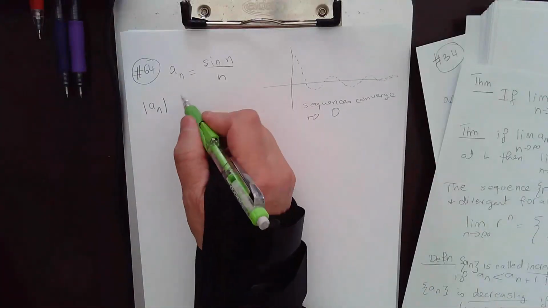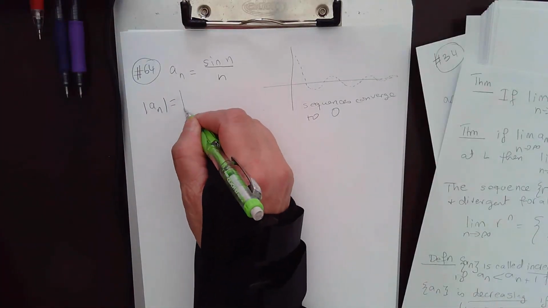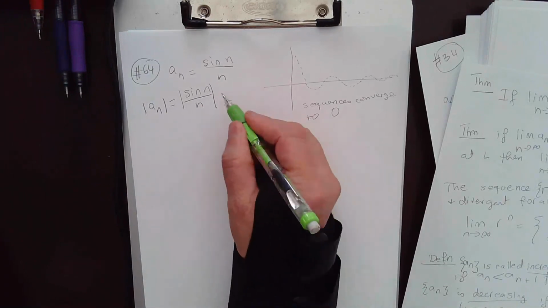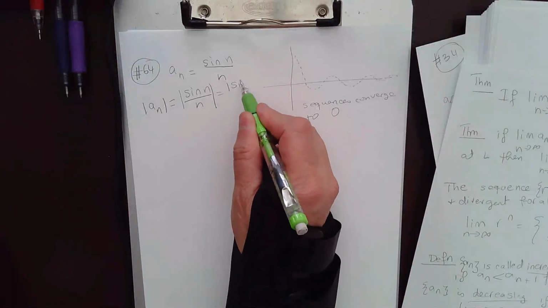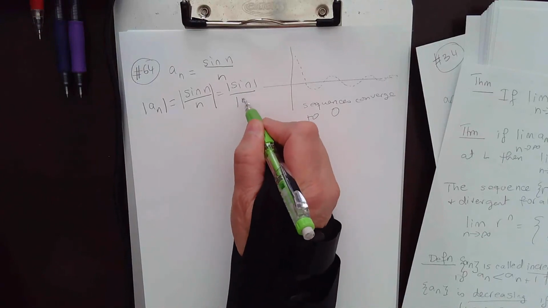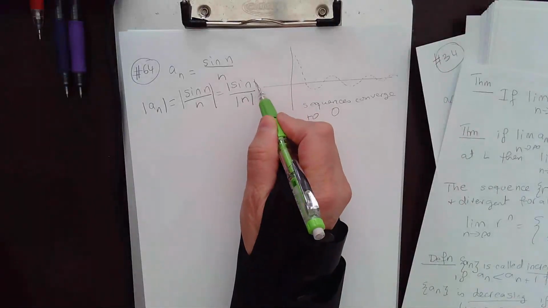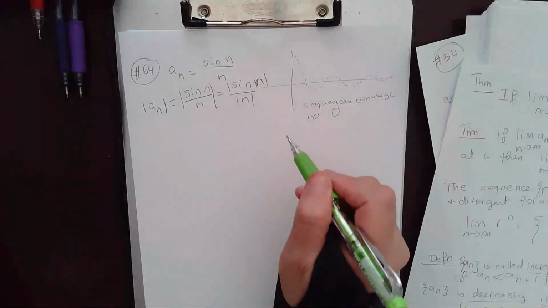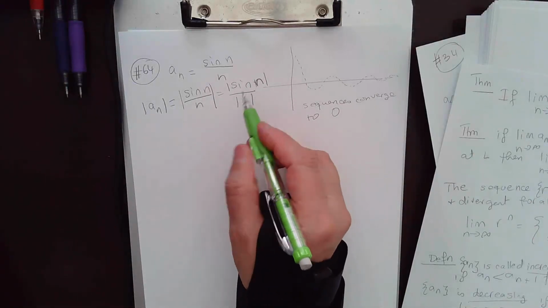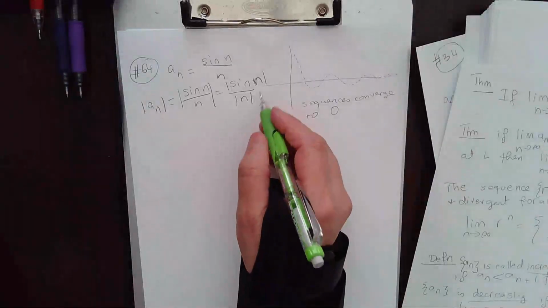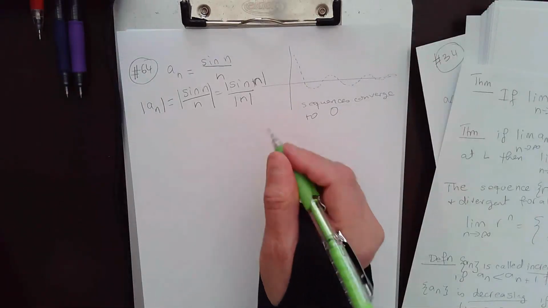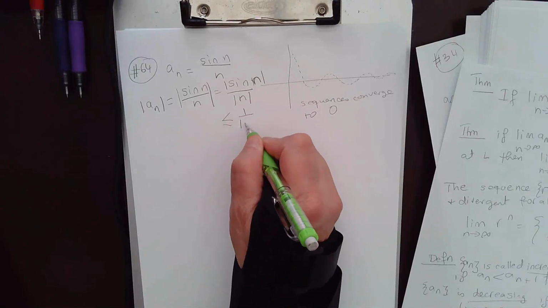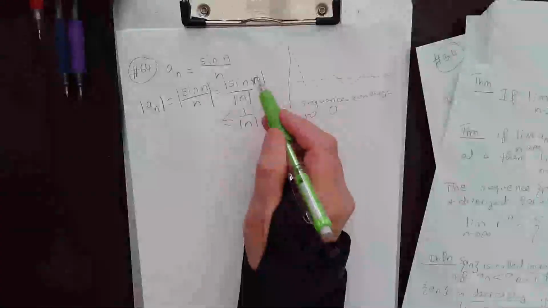The absolute value of a_n is equal to the absolute value of sin n over n, which is equal to the absolute value of sin n divided by the absolute value of n. This is between 0 and 1, isn't it? Well, sin n is between -1 and 1, so it's going to be less than or equal to 1 over the absolute value of n. This is at most 1.